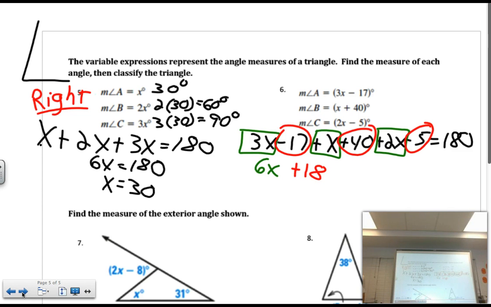You're going to get the problem wrong if you don't know how to use the calculator. Equals 180. Now you should be able to solve because I did the hard part. Finish solving for x and then classify the triangle. You should be able to do the rest on your own.